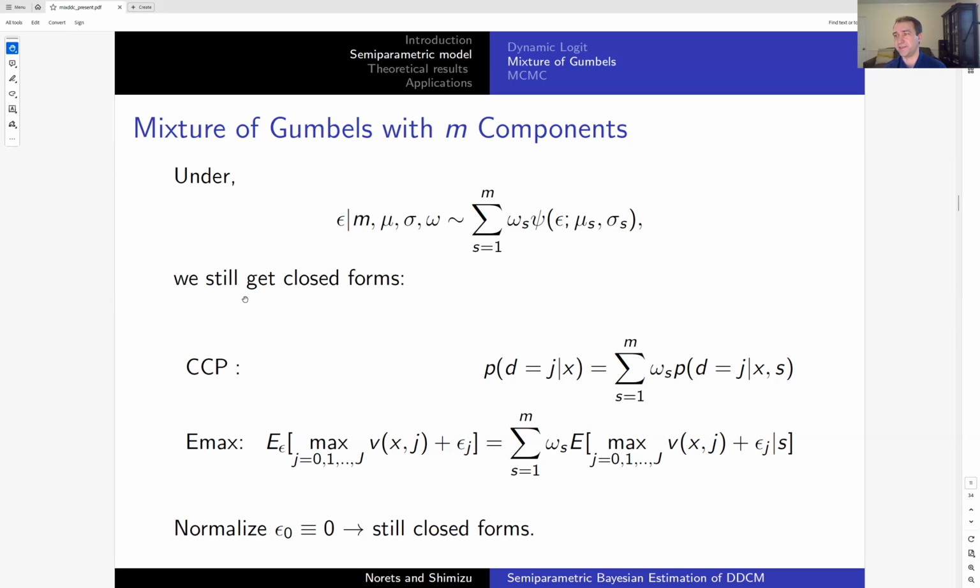We do this normalization to reduce the dimension by 1 in modeling nonparametrically the distribution of this vector of epsilons. And so that's what we do. I'm not showing these ugly expressions. They're in the paper, and if people are interested, they can look them up in an appendix.